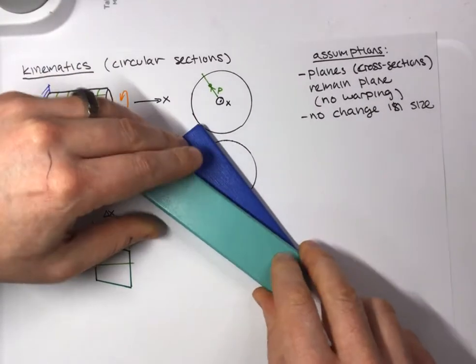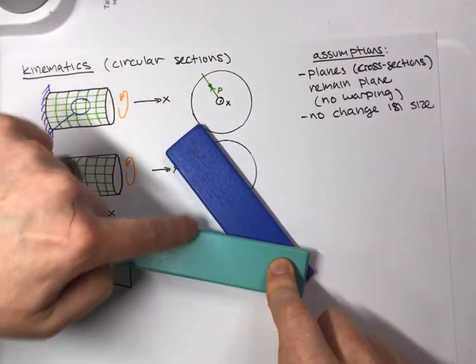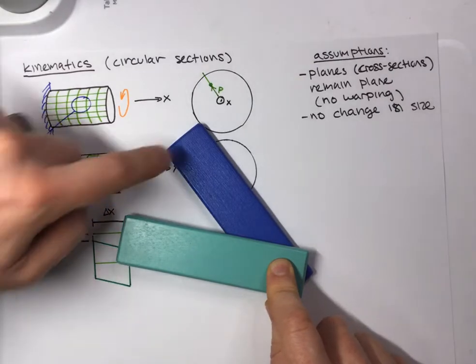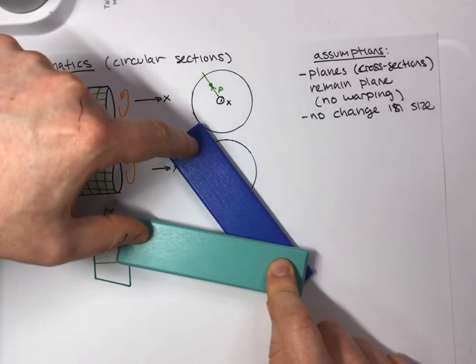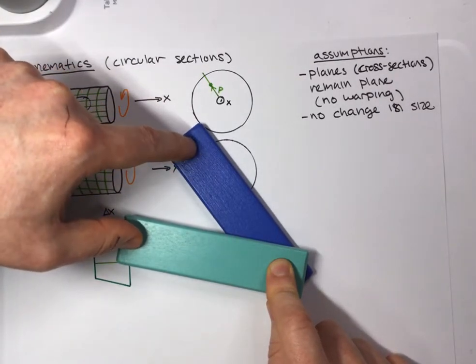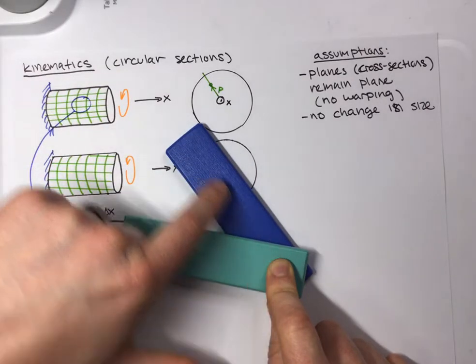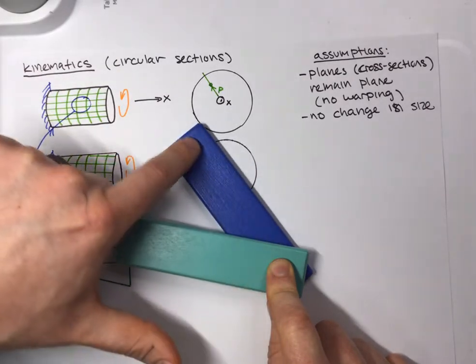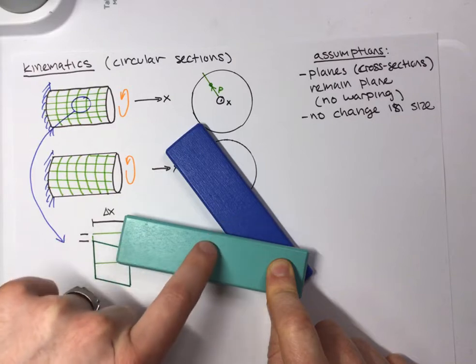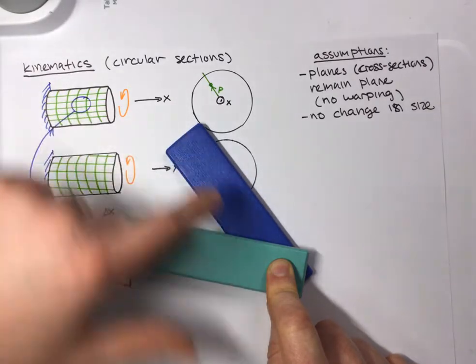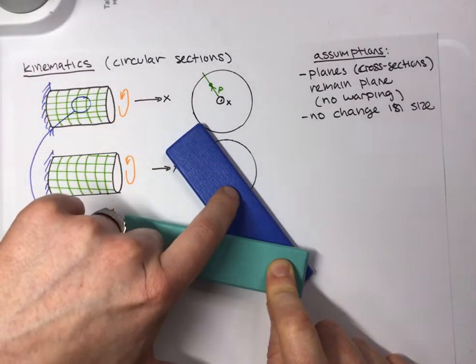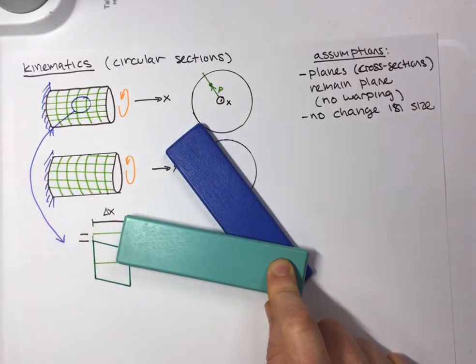Let's see if I can get that. I'm going to rotate some distance phi, and now I need to know the distance between these 2 points. So all I have to do is take the leg of my triangle, say that that's rho times our small angle here, which we said was phi, and this distance is just going to be rho times the angle phi.